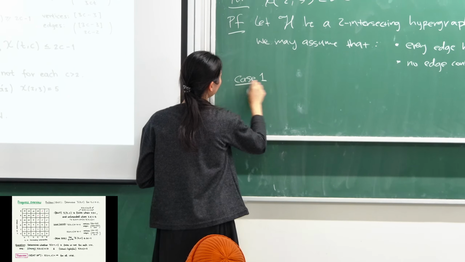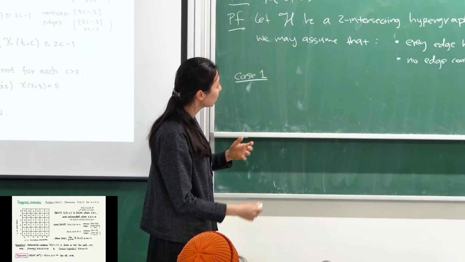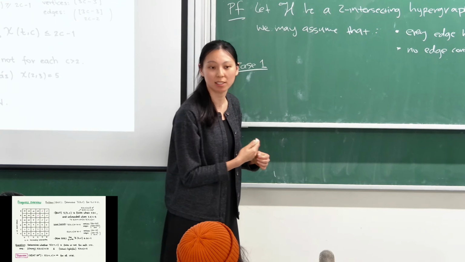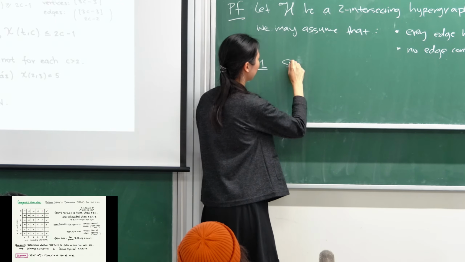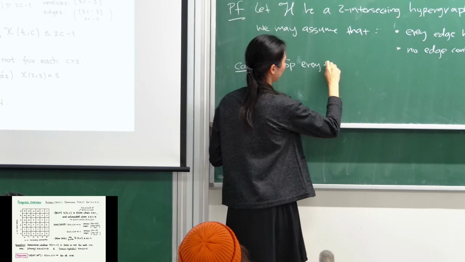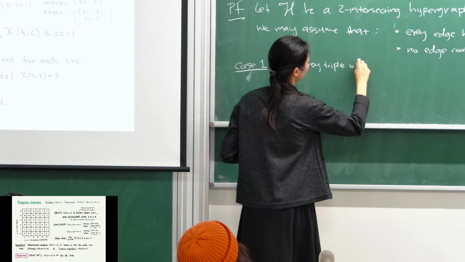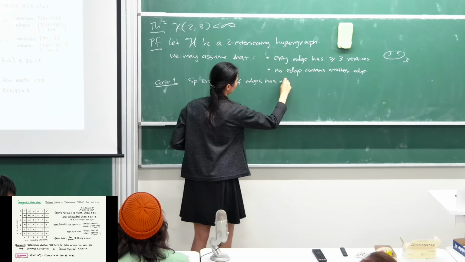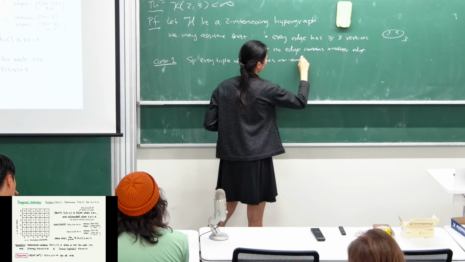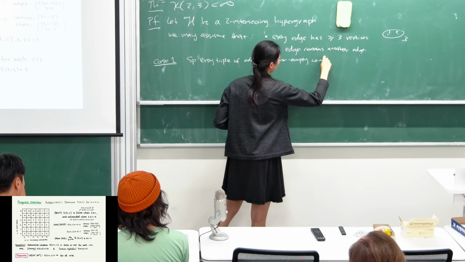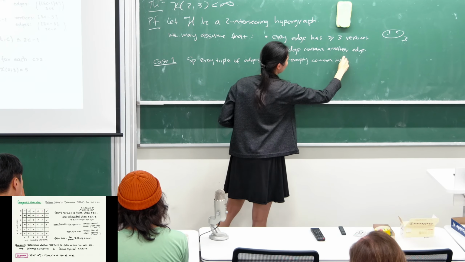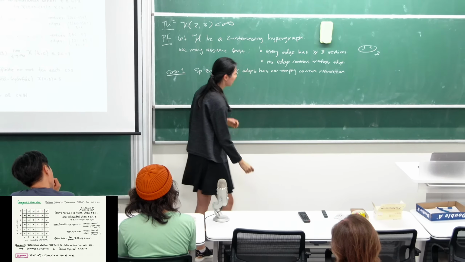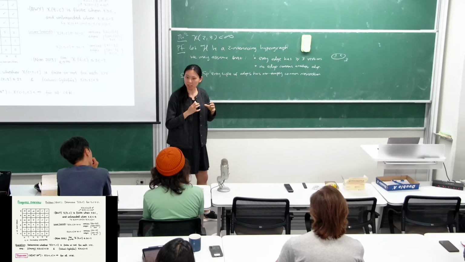So case 1 is where, suppose that every triple of edges has a non-empty common intersection. That really means if I take 3 edges A, B, and C, A intersect B intersect C is non-empty.